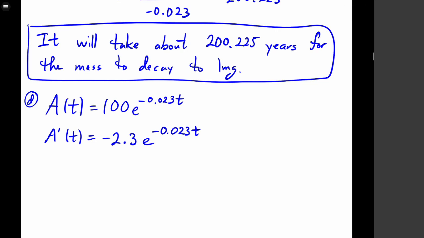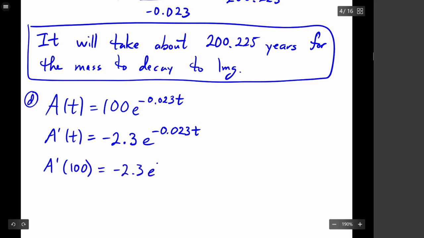That's the simplified version. And then we're looking for A prime of 100, which is negative 2.3 e to the negative 2.3. So e to the negative 2.3 times negative 2.3. What we get here is approximately negative 0.231.